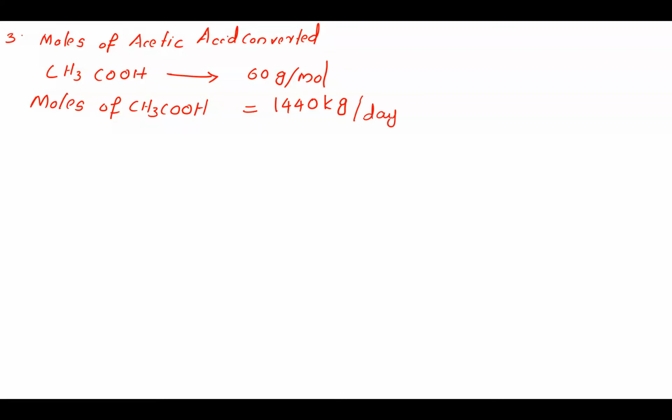Then here it is 60 gram per mole. So now you convert any one of this kg or gram, then find out what is the moles of CH3COOH, so acetic acid, per mole per day.